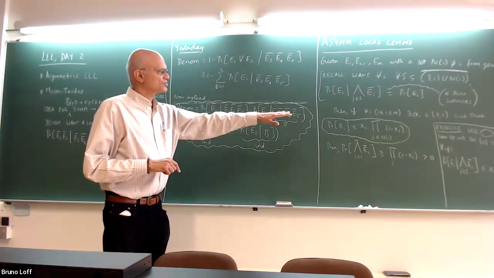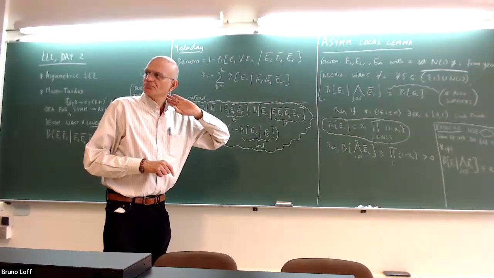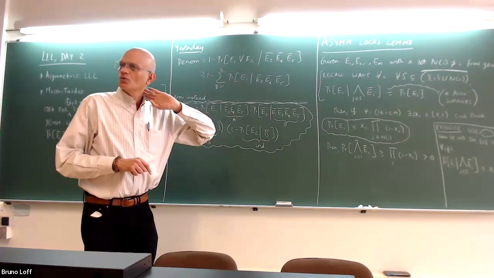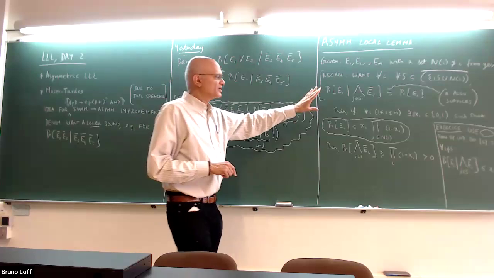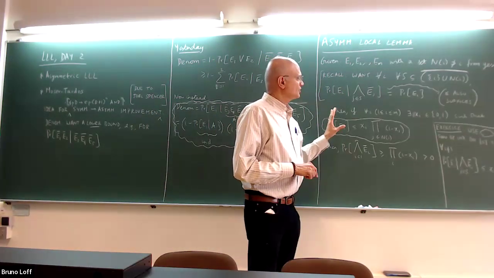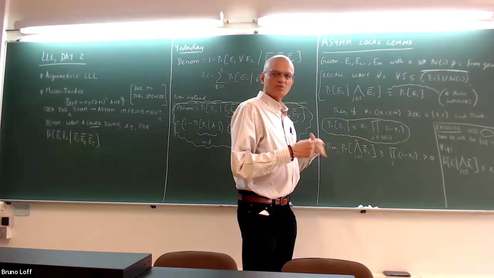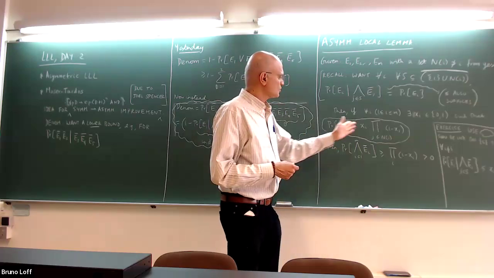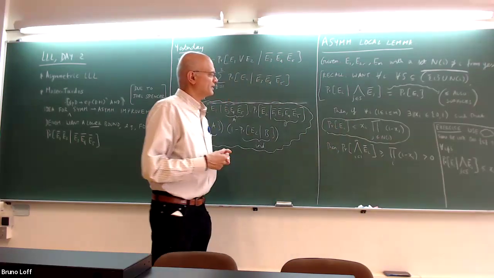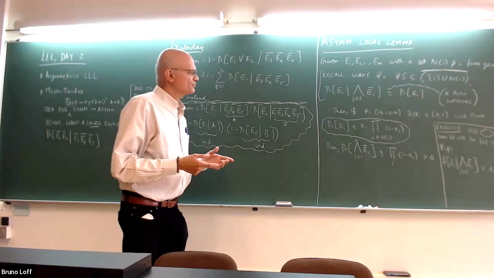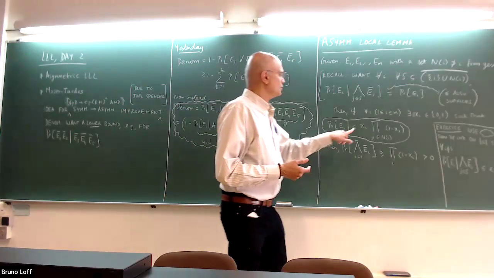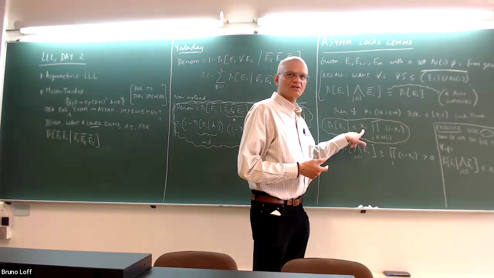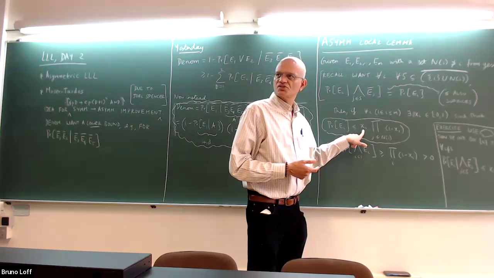But let's get some intuition now about these x_i's, right? Okay, so this is the statement of the asymmetric local lemma, right? Not terribly hard to remember, especially once you get used to it. Although this looks complicated, it's not. But one question is, in applications, how do you come up with these little x's? I'll tell you some heuristic ideas.